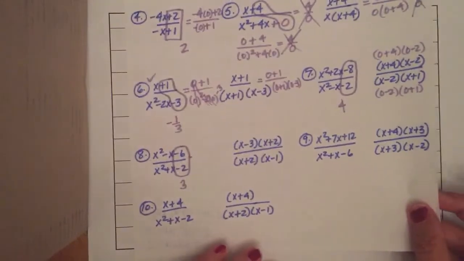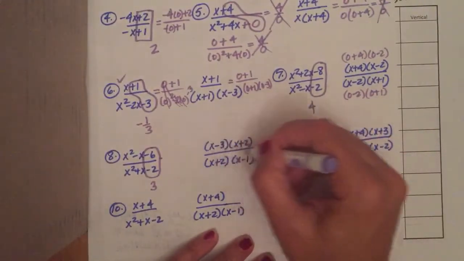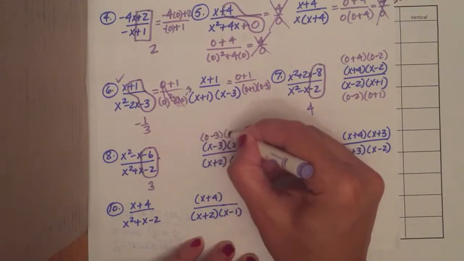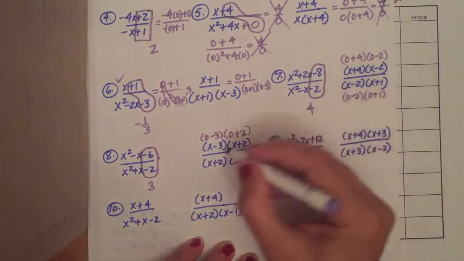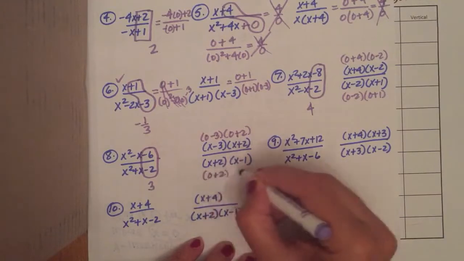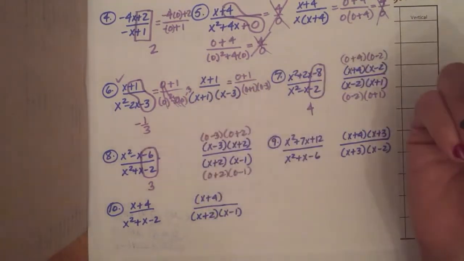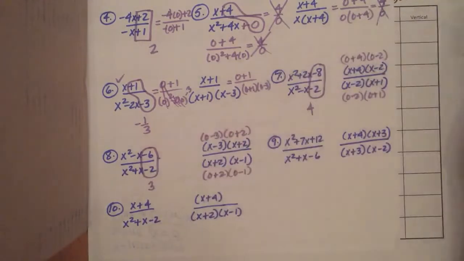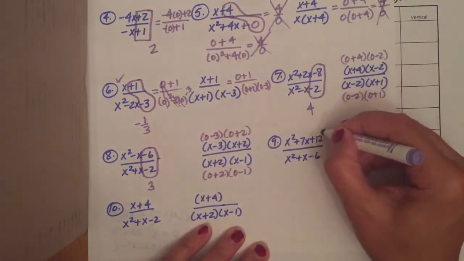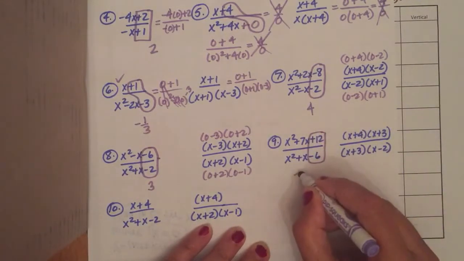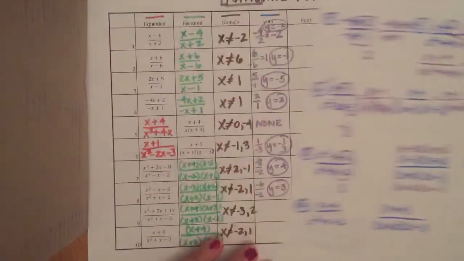Okay, let's look at number 9. Again, number 8, factored form, plug in if you want. You can do 0 minus 3 times 0 plus 2 over 0 plus 2 times 0 minus 1. Takes a little bit longer, but you'll end up in the same spot, negative 6 over negative 2. Number 9, let's look at expanded form. So I've got positive 12 over negative 6, which is negative 2.